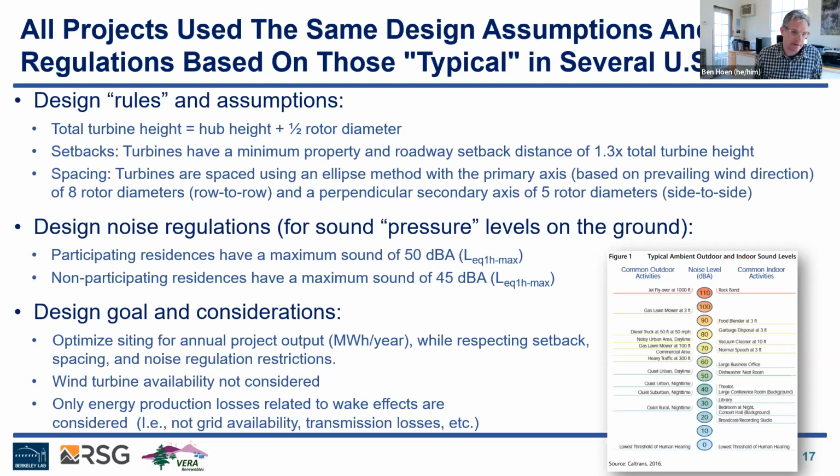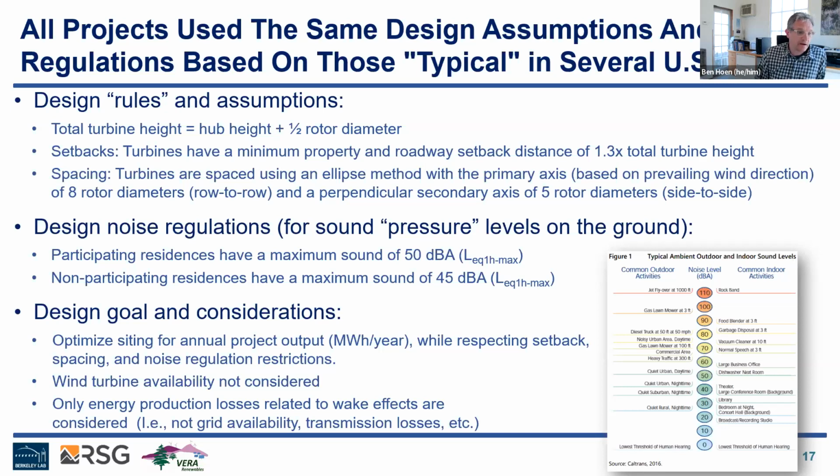There are applied noise regulations in these models, a 50 dBA Leq 1-hour max for participating residences, and a 45 dBA Leq 1-hour max for non-participating residences. Remember those that are on the white or the pink parcels.